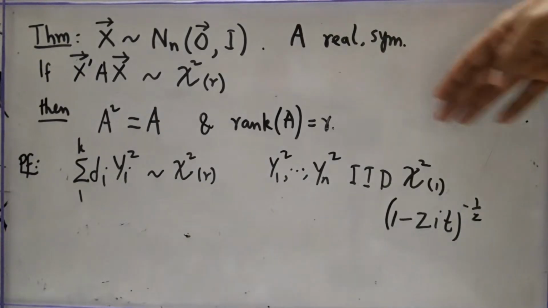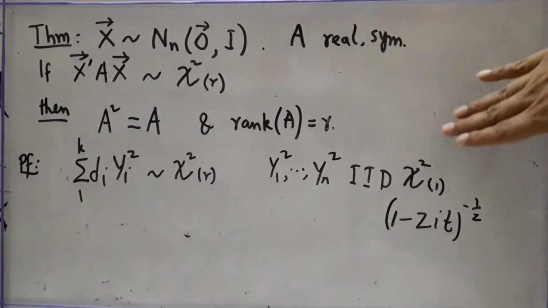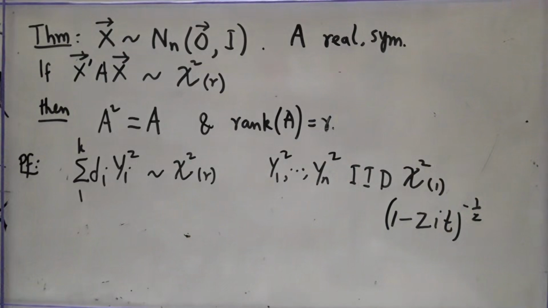Now it is pretty difficult to work with its density or distribution function, so we shall work with its characteristic function. From the standard property of the chi-square or gamma distribution, we can directly write down the characteristic function of each of the yi squares.